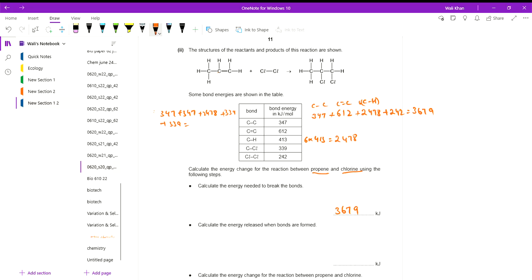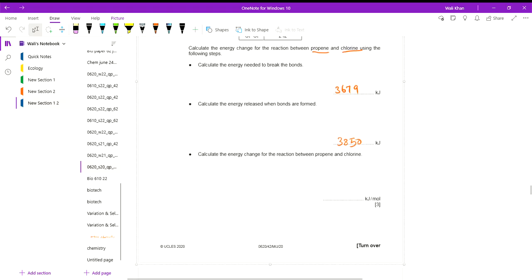इसको कैलकुलेट कर लेते हैं हम। It is 3850. सो इसको आप अब एनर्जी चेंज कर लेते हैं। Calculate the energy change for the reaction between propene and chlorine.